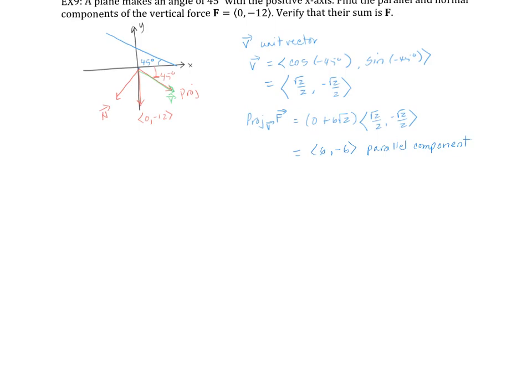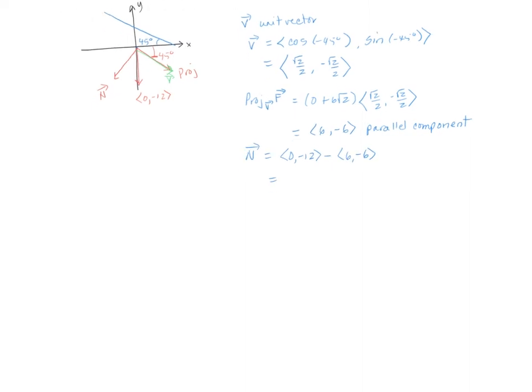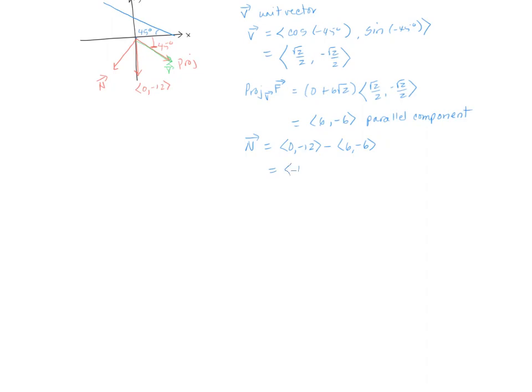So we were supposed to find parallel and normal. Normal is just going to be my force vector, which is 0, negative 12, and I'm going to subtract my projection vector, 6, comma negative 6. So normal is going to be negative 6, negative 6. All right.